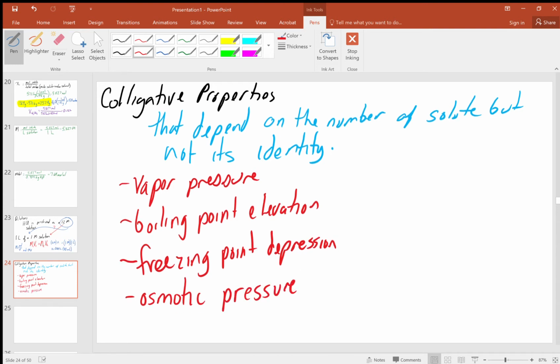And some of these are things we use every day or at various points in our life, even if we don't recognize that that's what they are.